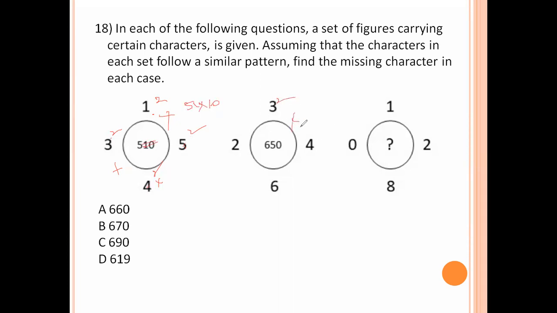For the next, 3 square is 9, 4 square is 16, 25 plus 36 is 61, plus 4 is 65, 65 into 10 gives 650. Then 1 square is 1, plus 2 square which is 4, makes 5, 5 plus 8 square which is 64 makes 69, 69 plus 0 square is 69, 69 into 10 is 690. So option number C is the right answer.